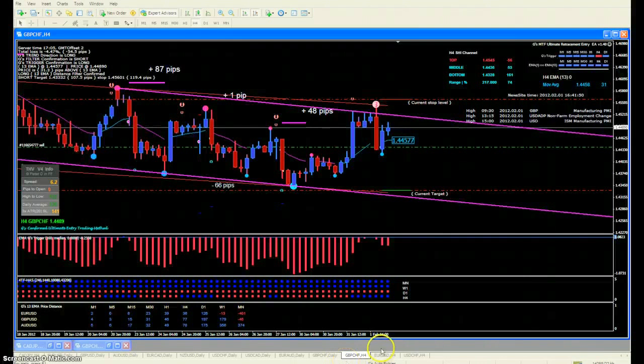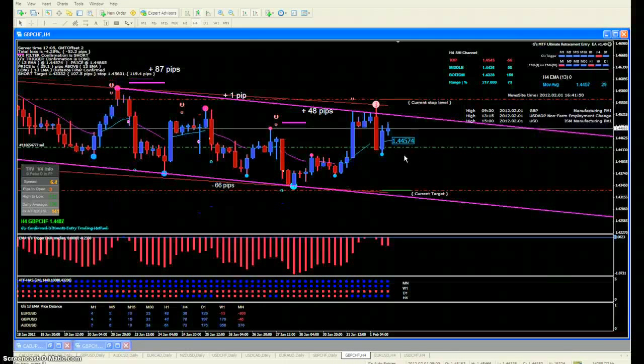But ultimately, I believe that this will make its way coming back down again, and we should get some movement in our direction at some point. But for now, this trade is currently in the red. Right now it's down about 52 pips.